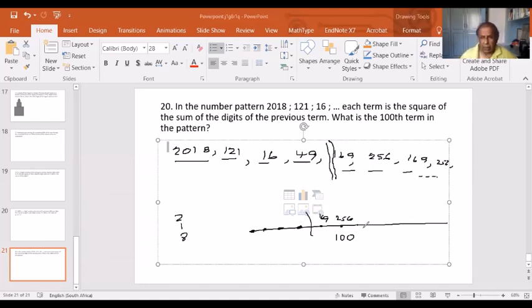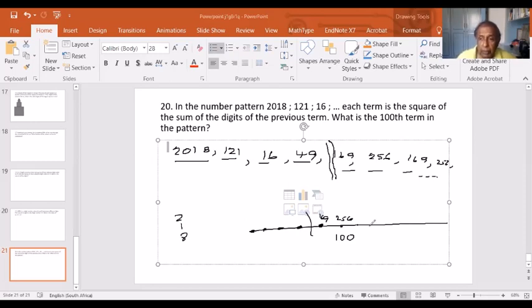Now you'll notice that if this is the first one, if you look at just this part here, the first term is 169, second one is 256, third one is 169, fourth one is 256.